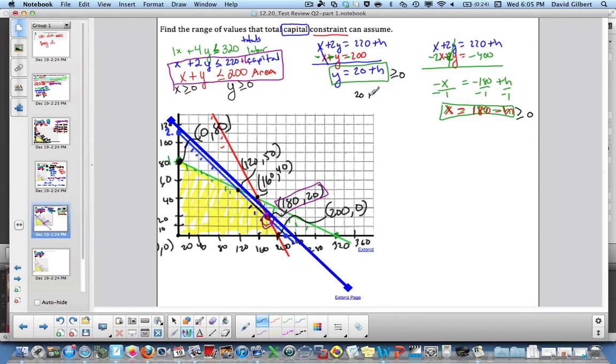Alright, so if I have 20 plus h is more than or equal to 0, then minus 20 from both sides, I get h has to be more than or equal to negative 20. That's one of the limitations on h. Alright, now if I know this has to be more than or equal to 0, I add h to both sides, and I get 180 is more than or equal to h. Alright, so that's another limitation on h.